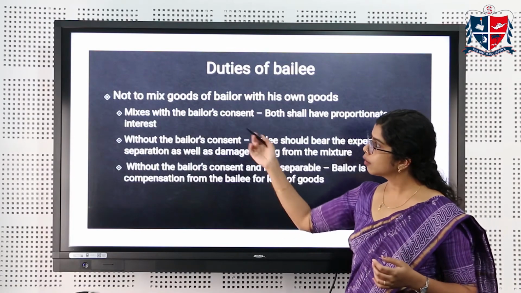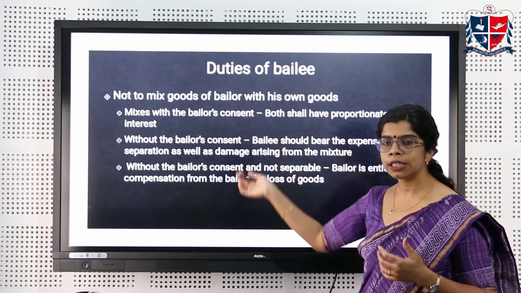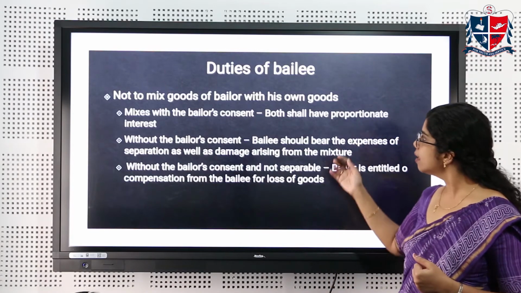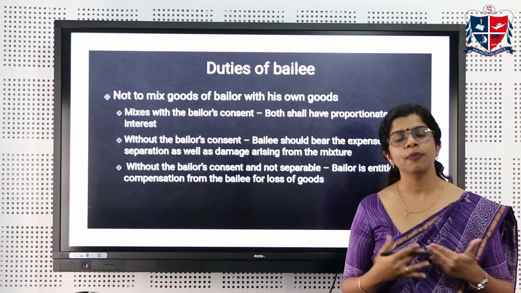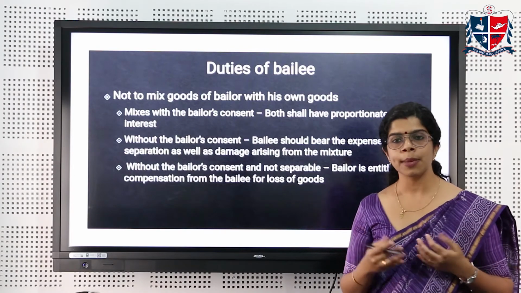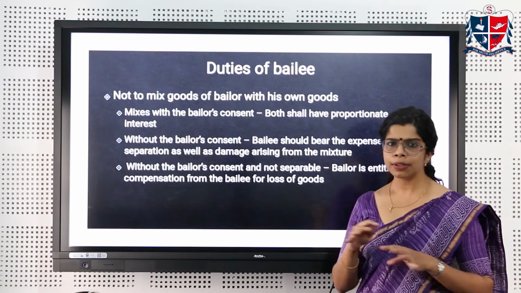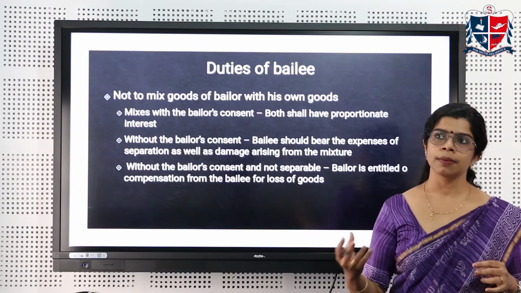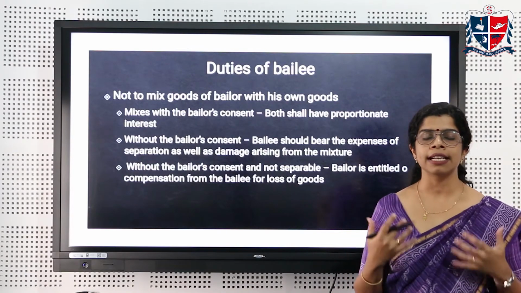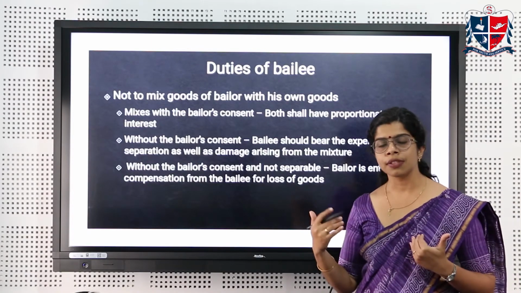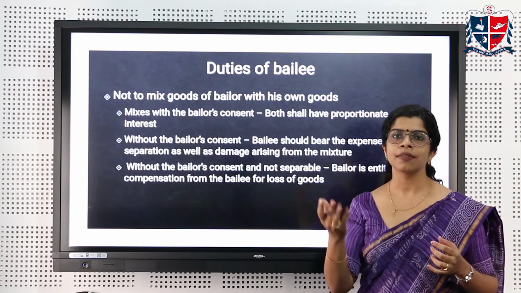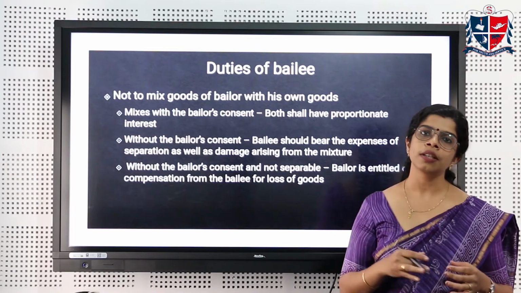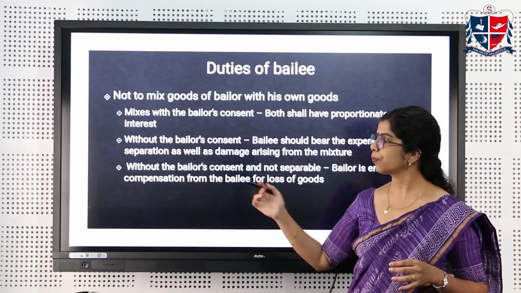Number one, if the goods are mixed with the bailor's consent, then both shall have proportionate interest. If the goods have been mixed up and the bailor is aware of it, then everything is fine. If there is any profit or gain achieved because of this, both the bailor as well as the bailee will have a right or interest over what has been achieved.